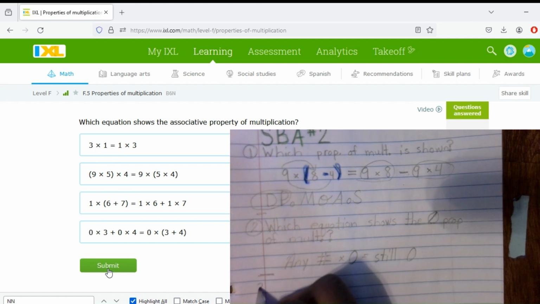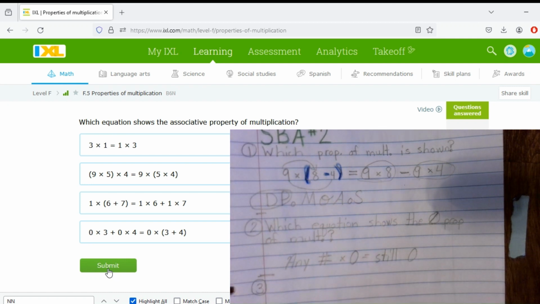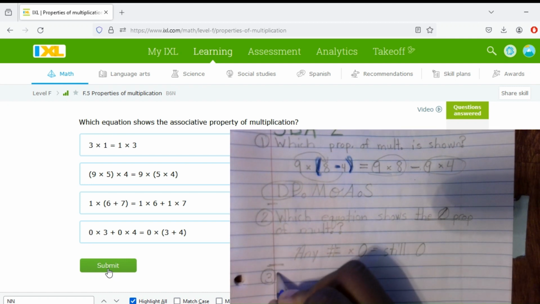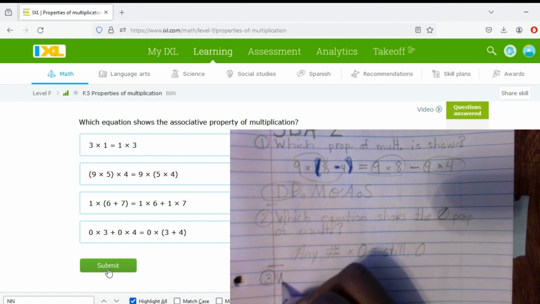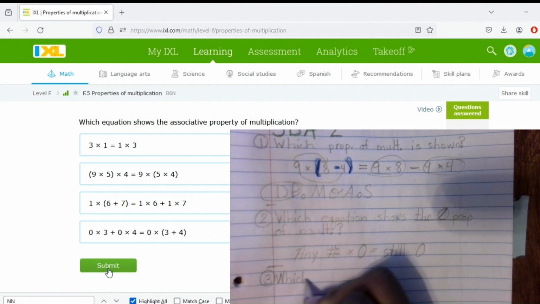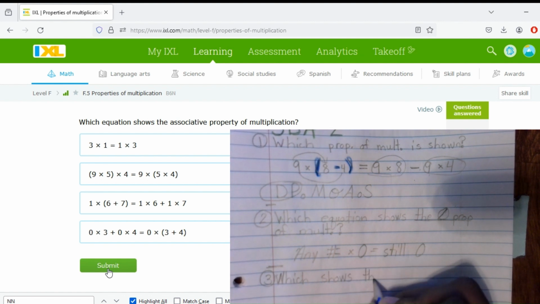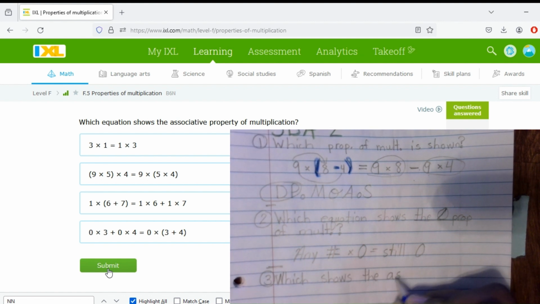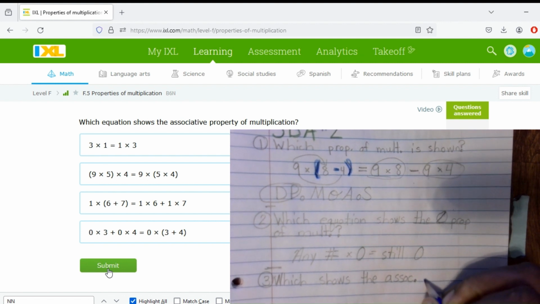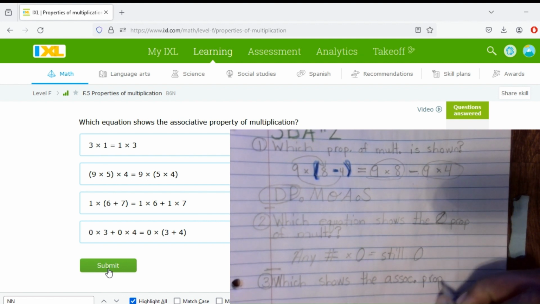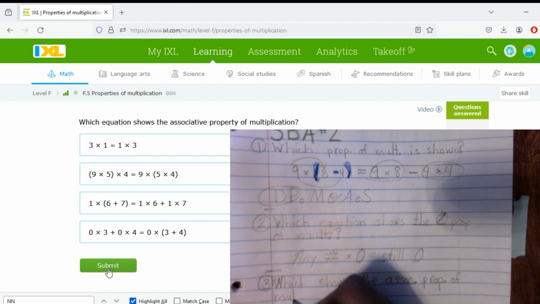I'm going to skip a line. Number 3 asks me, which shows the associative, I'm going to abbreviate associative, property of multiplication.